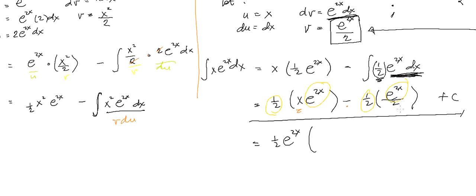So we shifted our selected u and dv, and came up with a simpler v du.